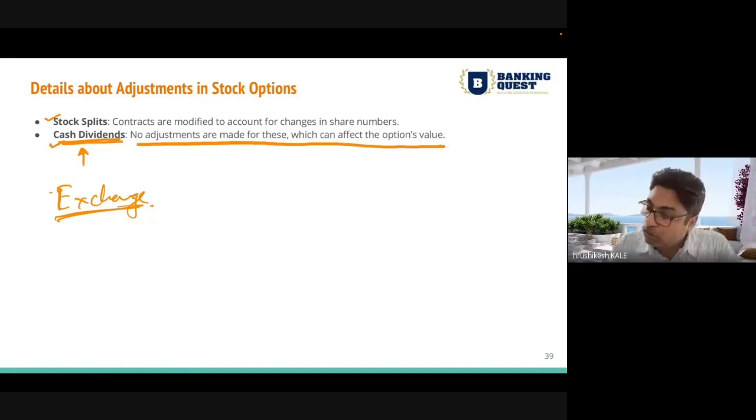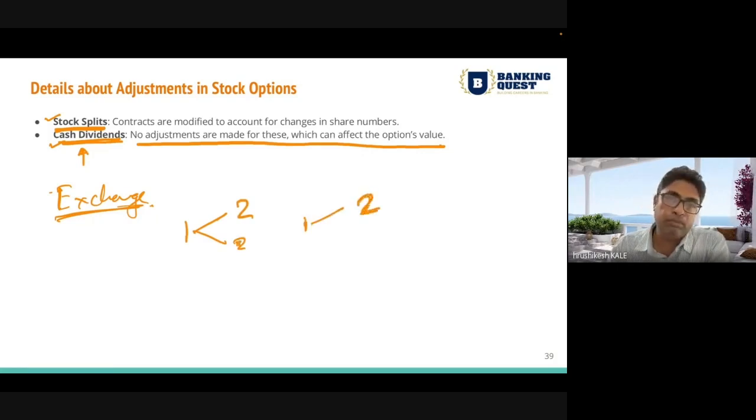But that is not the case with stock split. So if my one stock got split into two, first I had only one stock, now I'm going to get two stocks for the same. Then what will happen? The share price will reduce to half, and my exercise price will also get reduced to half.